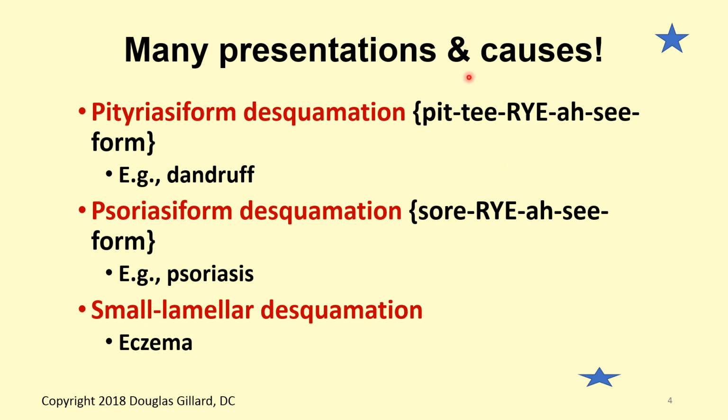There are many causes of these things. Just a few of the conditions: dandruff is a form of squame, called pityriasiform desquamation. Psoriasis, psoriasiform, may present with squames. Eczema could present with squames, small lamellar desquamation.